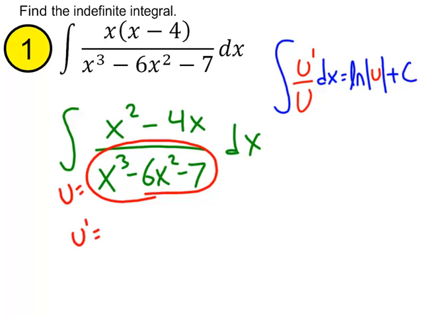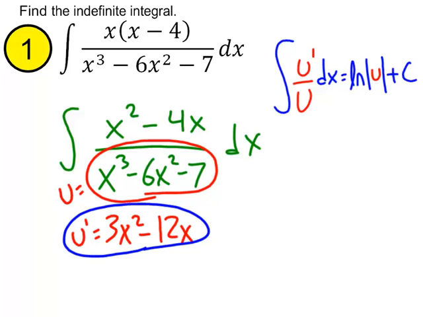In this case, we see that u prime would be 3x squared minus 12x, and then minus 0. Now, it's not exactly equal to the numerator, but it sure is close. I don't really need the minus 0 there. And we see that this u prime is exactly 3 times the numerator that we have here.